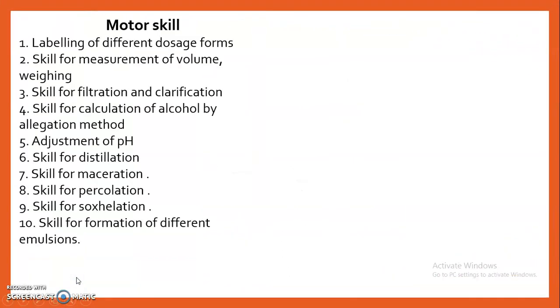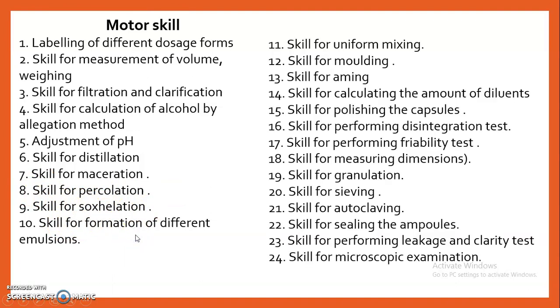Then motor skills. Motor skills are the labeling of different dosage forms, skill of measurement of volume, weighing, skill of filtration and clarification, skill for the calculation of alcohol by alligation method, adjustment of pH, skill for distillation, skill for maceration, skill for percolation, skill for soxhletation, skill for the formulation of different emulsions, and then skill for uniform mixing, skill for molding, skill for sizing, skill for calculating the amount of diluent, skill for polishing the capsule, skill for performing the disintegration test, then skill for performing the friability test, then skill for measuring the dimensions, skill for granulation, skill for sieving, skill for autoclaving, skill for sealing the ampoules, skill for performing leakage and clarity test, and skill for microscopic examination.